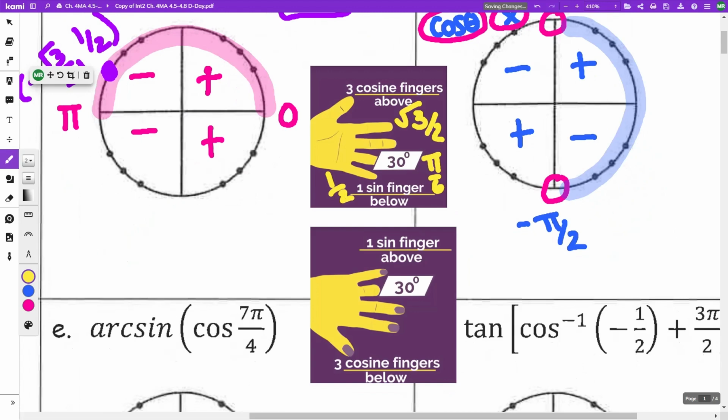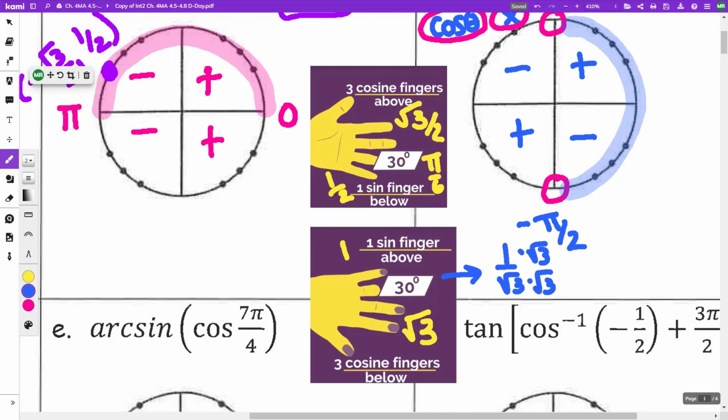Now, when I flip it for tangent, I'm going to have 1 above, I'm going to have 1 below. So that is giving me my 1 over root 3, which I then would rationalize. Okay, a 1 over root 3, top and bottom. So that is going to be the one I want.